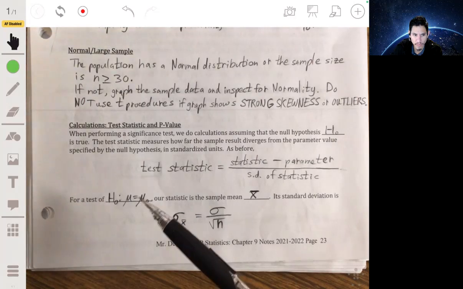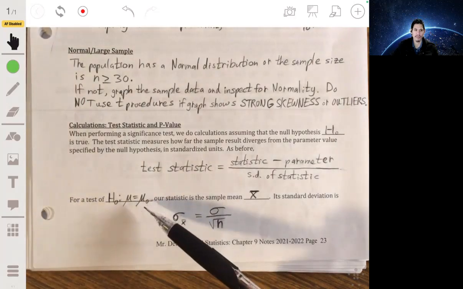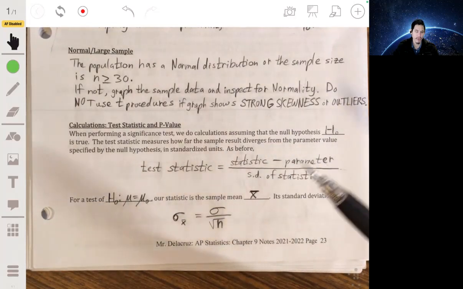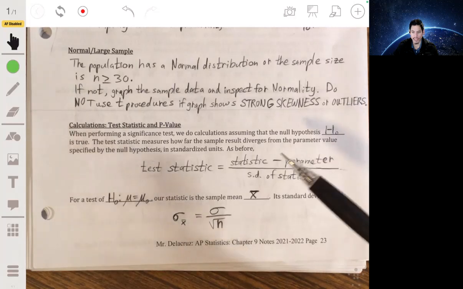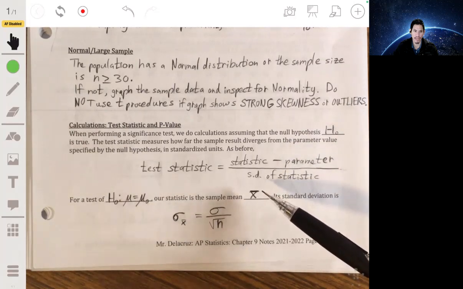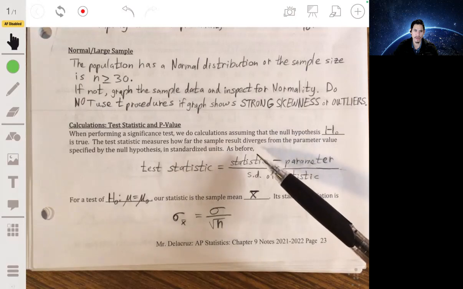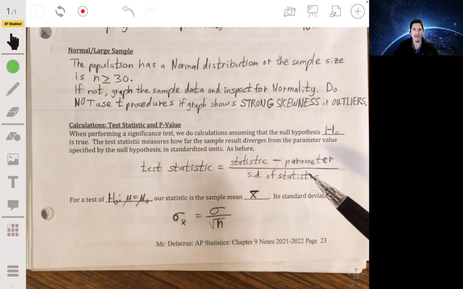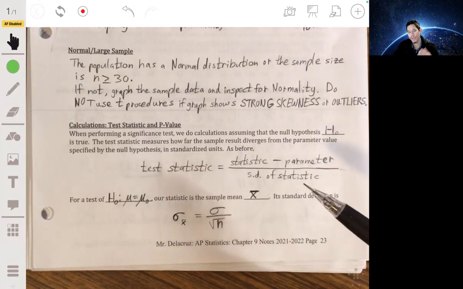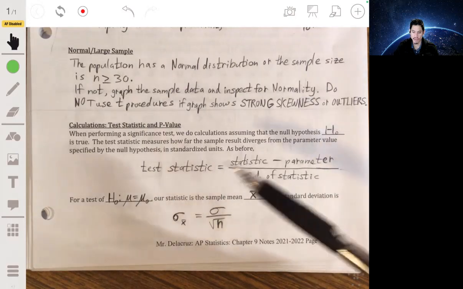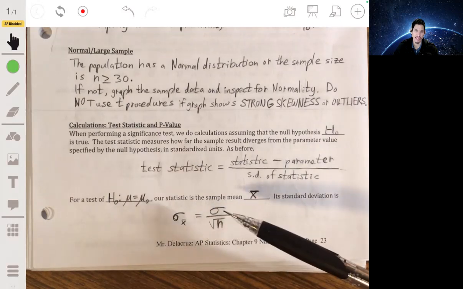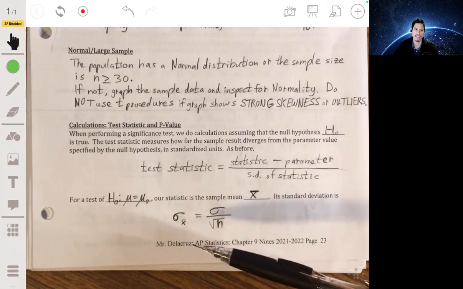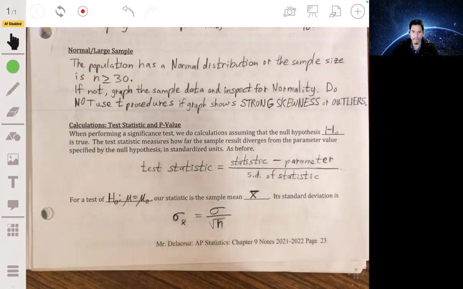Then we're going to have a sample, where we get a sample mean, x bar. That'll be our statistic. So x bar goes here, mu 0 will be here. And for the standard deviation of the statistic, what we would like is the true standard deviation. If you remember from chapter 7, that's the standard deviation of the sampling distribution of x bar.